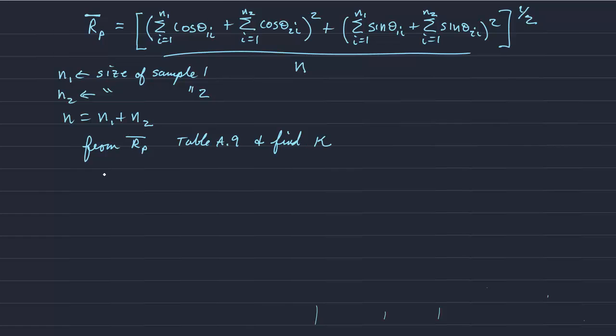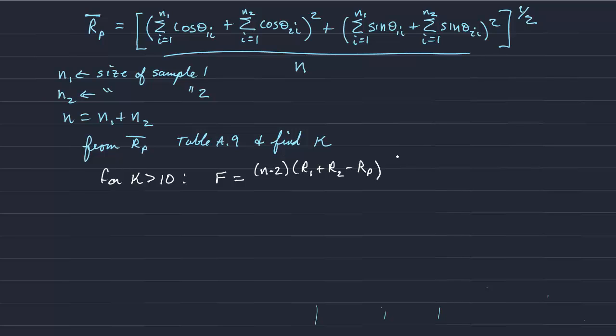And then for kappa, if kappa turns out to be greater than 10, then we compute an F statistic where F is equal to the total number of measurements of both samples minus 2, times the length of the resultant vector from sample 1 plus the length of the resultant vector from sample 2 minus the length of the pooled vector.